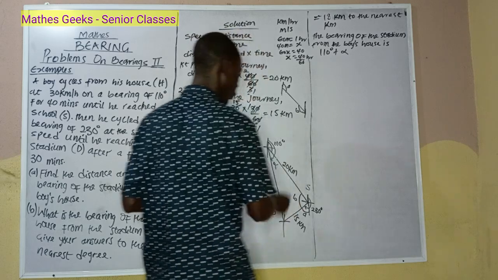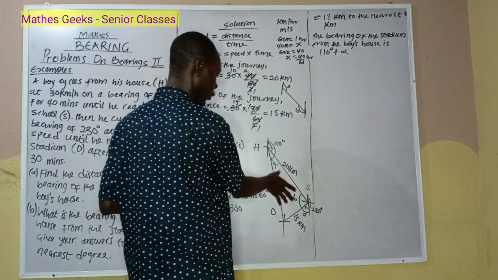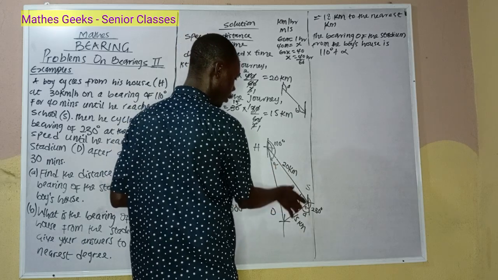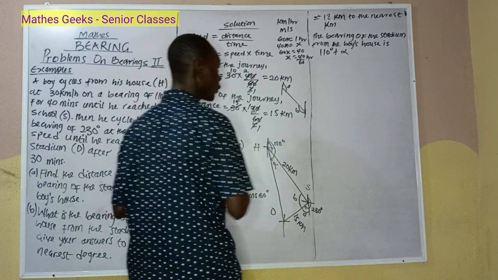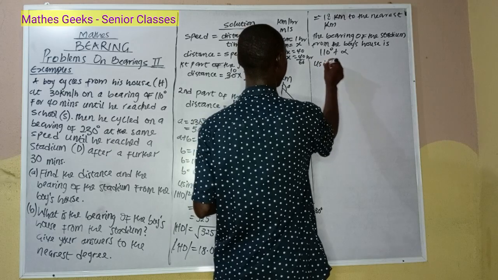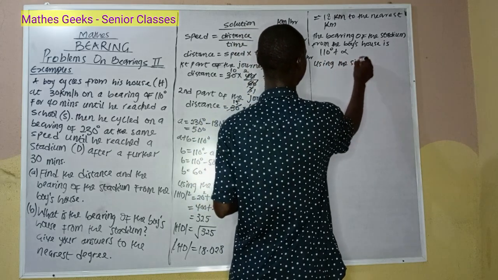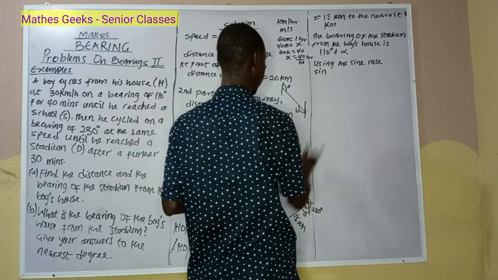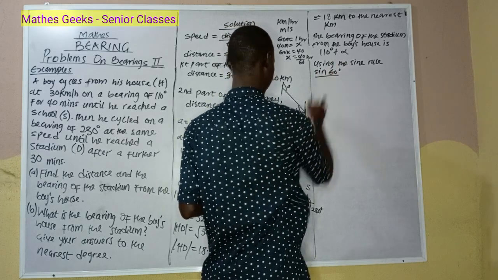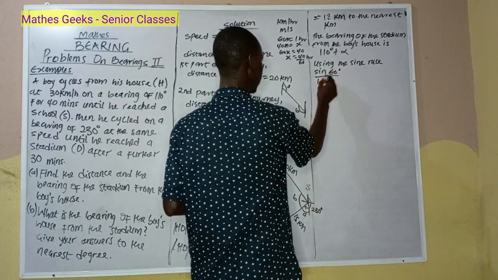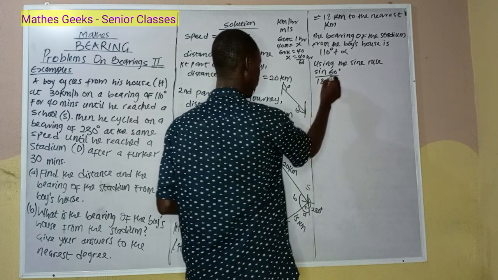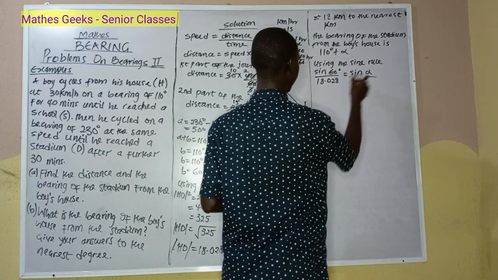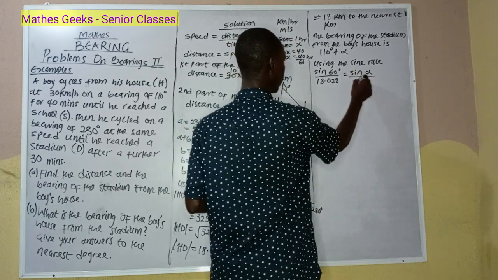So using the sine rule, the triangle fulfills the conditions, because we have an unknown angle and its side, and a known angle and a known side. Using the sine rule, sine 60 degrees over 18.028 equals sine alpha over 15.